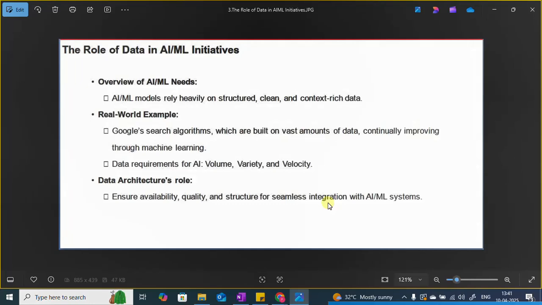Data requirements for AI are volume, variety, and velocity. So it depends upon three V's: volume, then variety, I mean types, and velocity, speed. The data architecture role is ensuring availability, quality, and structure for seamless integration with AI/ML systems.